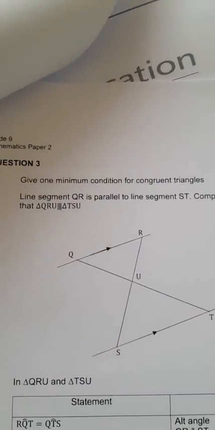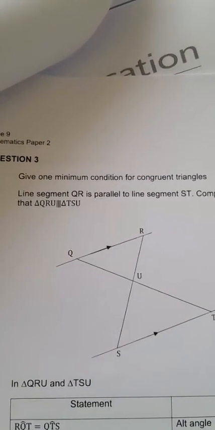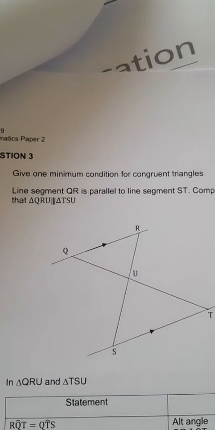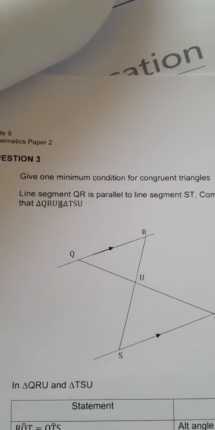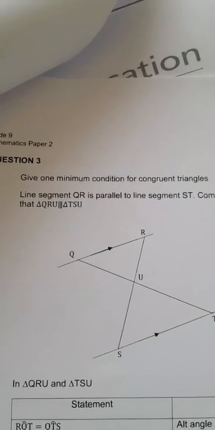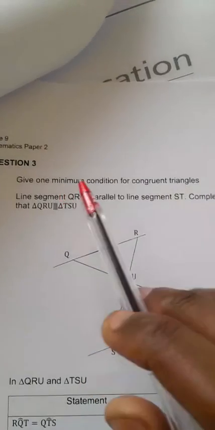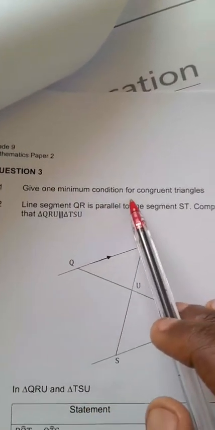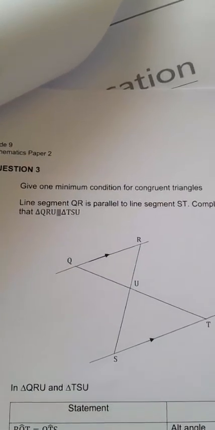That's one minimum condition. Remember, okay, for congruency to be true, the sides of two given shapes need to be equal, as well as the angles need to be equal. All right, so one minimum condition one can give is simply say side, side, side.